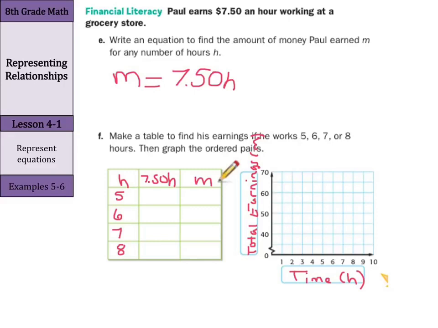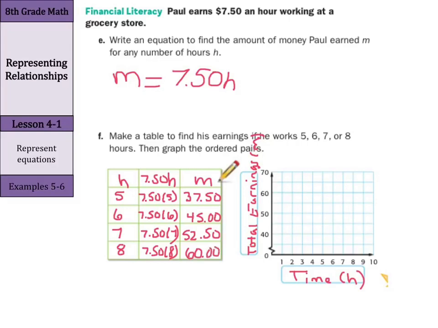Now, if I take my $7.50 and multiply it by 5, I'll get my m, which is $37.50. If I take my $7.50 and multiply it by 6 hours, I would earn $45. If I take my $7.50 and multiply it by 7, I would get $52.50. And lastly, if I take my $7.50 and multiply it by 8, I would get $60.